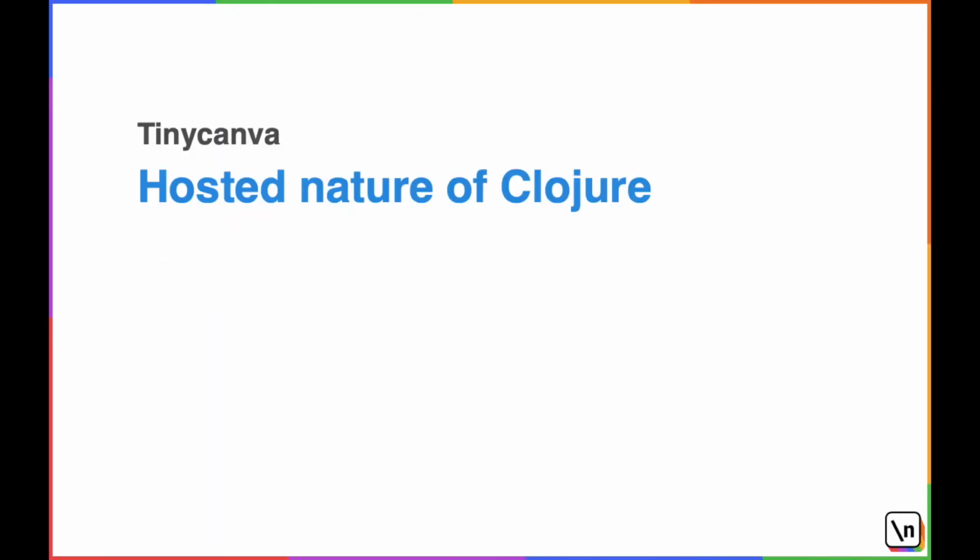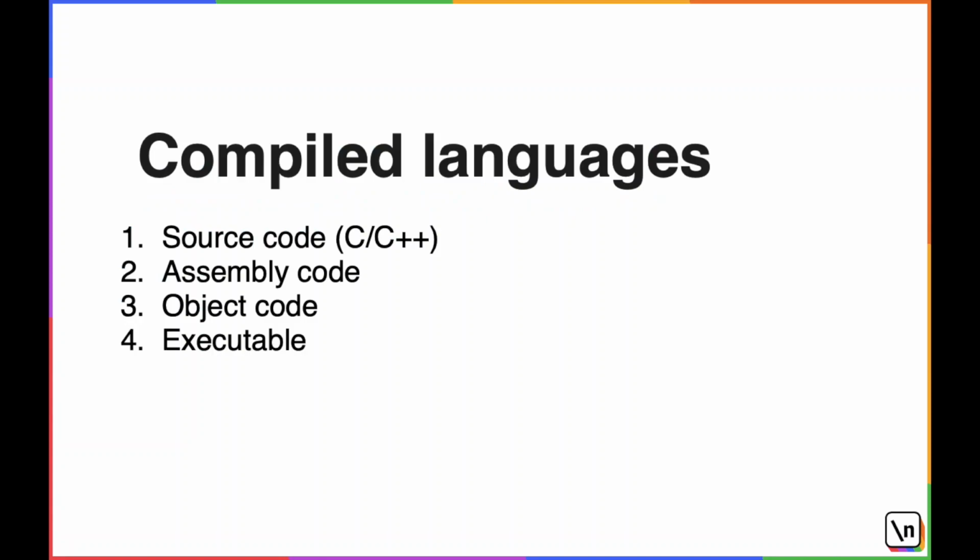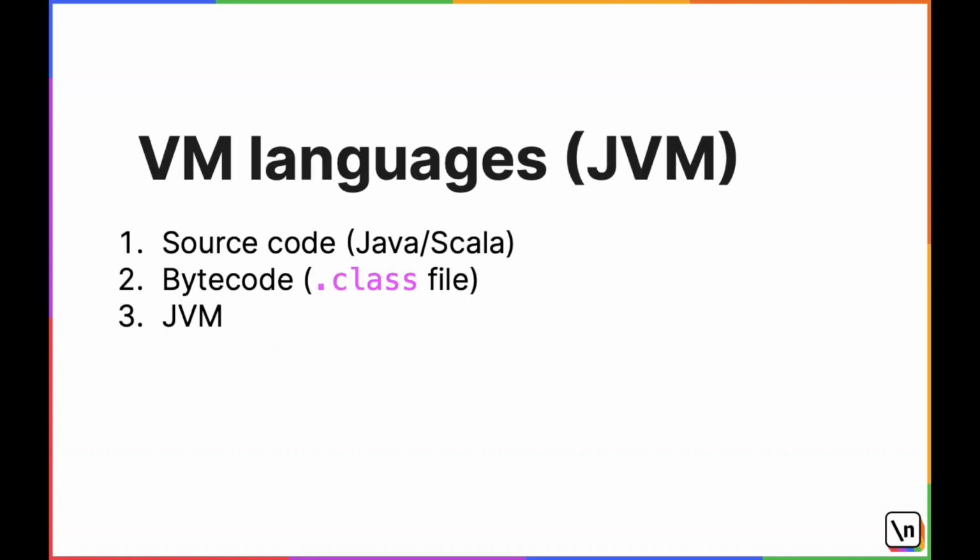Programming languages need a mechanism to be converted from source files to something that can be executed. In compiled languages like C or C++, the source code is first converted to assembly code, then to object code, and then some linker magic is used to create an executable. Languages like Java operate at a higher level of abstraction.